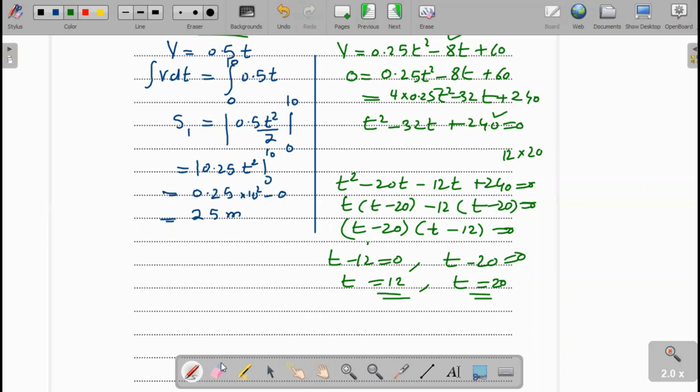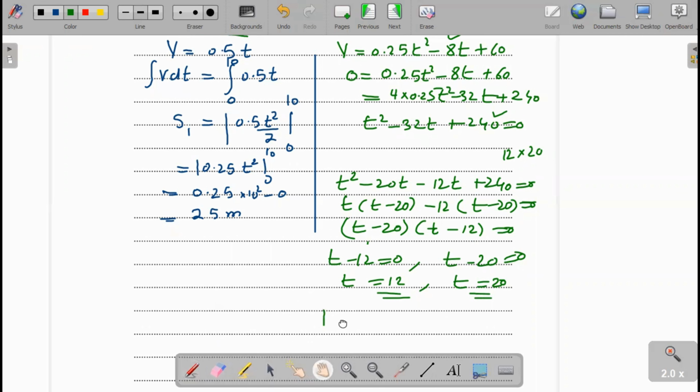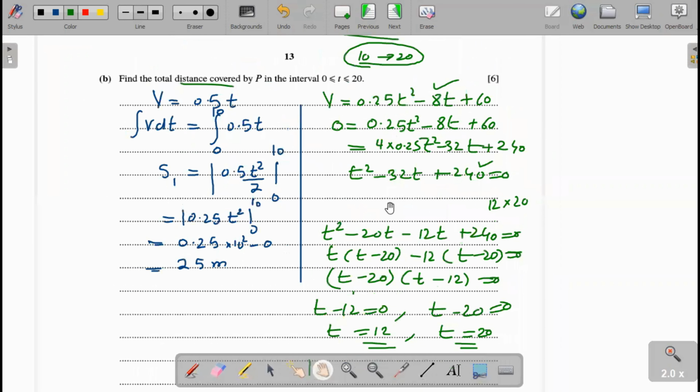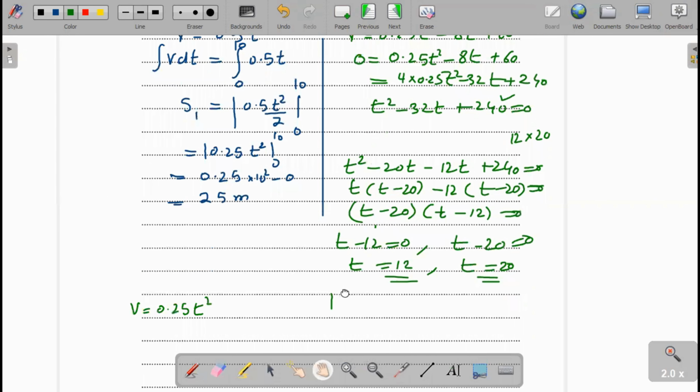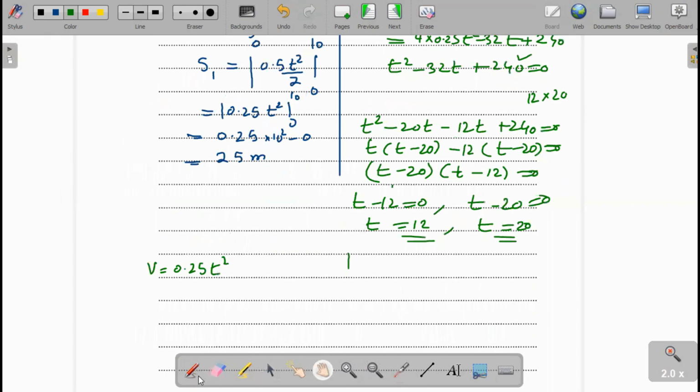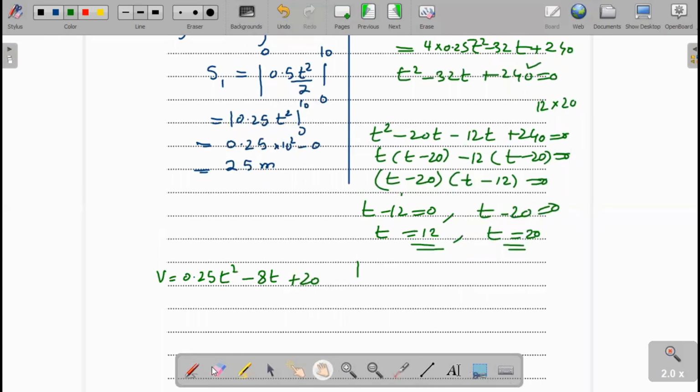Now we take the intervals to find the distance. Here v = 0.25t² - 8t + 60.